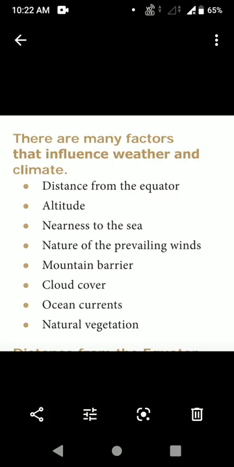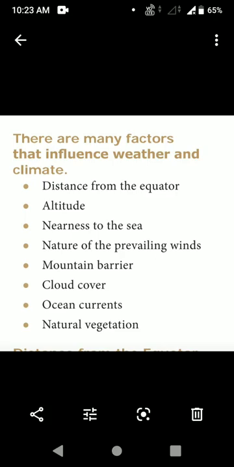That is called normal lapse rate. Someday they may ask one question: what is called normal lapse rate? This is very important. The temperature decreases at the rate of 6.5 degrees Celsius per kilometer of height. So this is called normal lapse rate. So the places at higher altitude have a lower temperature.